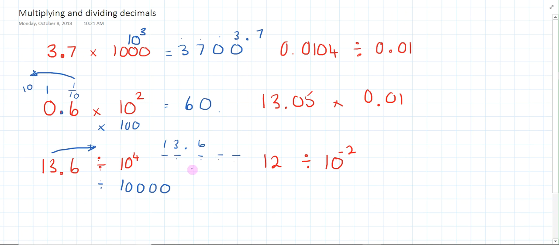If I think about the decimal point not moving, my 1 would be 3 decimal places below. So I'm going to go 0.00136. So that would be my answer. All right? Does that make sense? So that's how I worked that out.